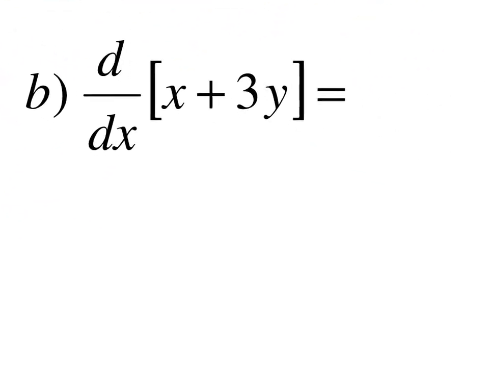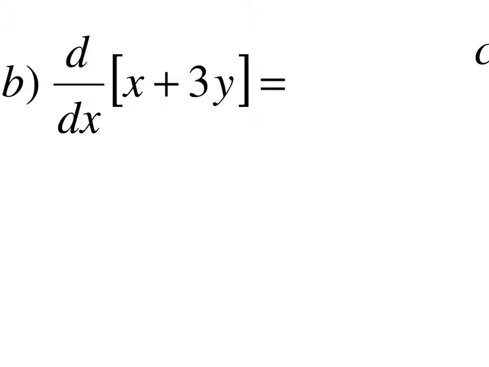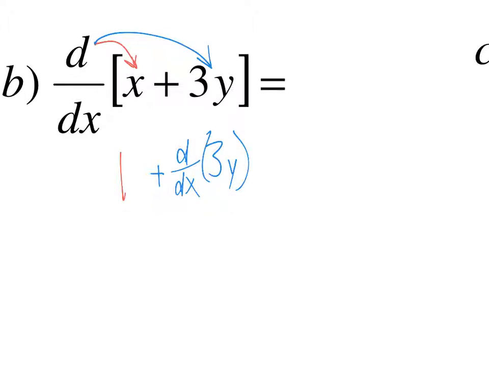Here's another one. The derivative with respect to x of x plus 3y. Now, what's the derivative of x? 1. The derivative with respect to x of 3y is going to be the derivative with respect to y times the derivative of y with respect to x.